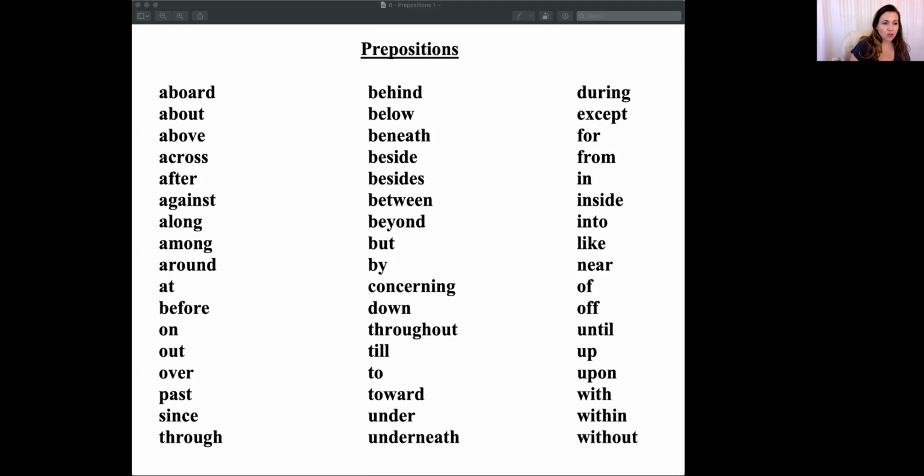So if you look at these words like aboard, about, above, across, after, against, among, I'm just reading a few, between, beyond, down, throughout, toward, underneath, coming over to the third column, during, into, like, near, until, upon, with, within, without.